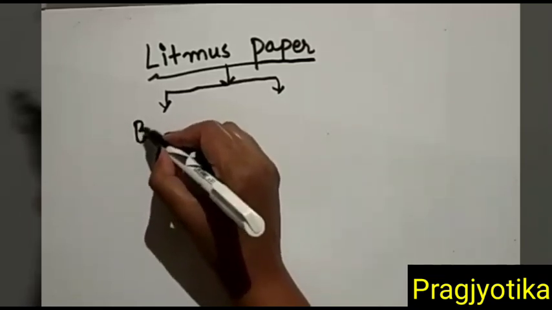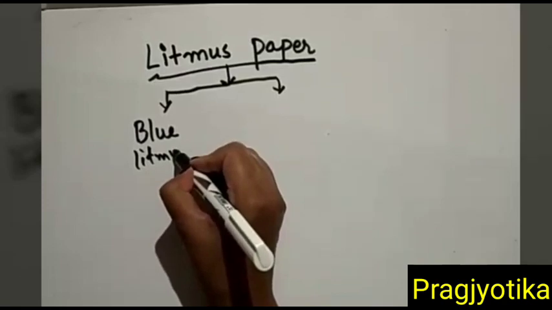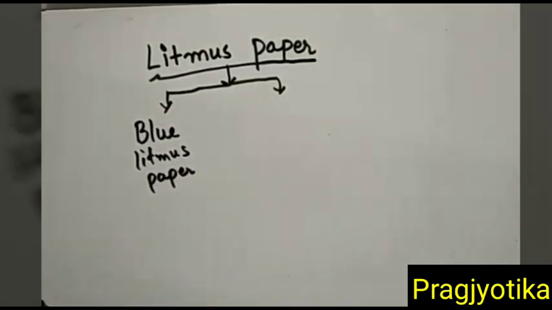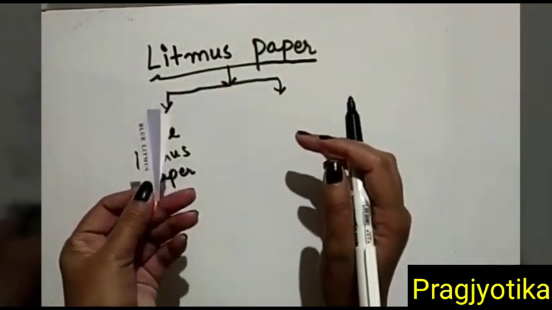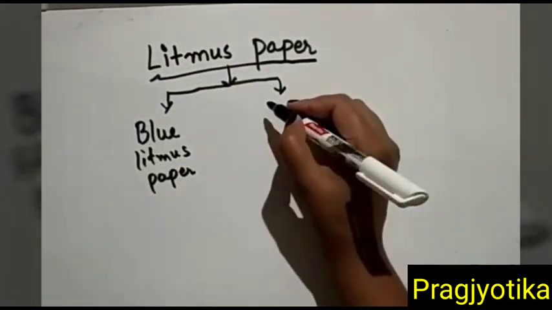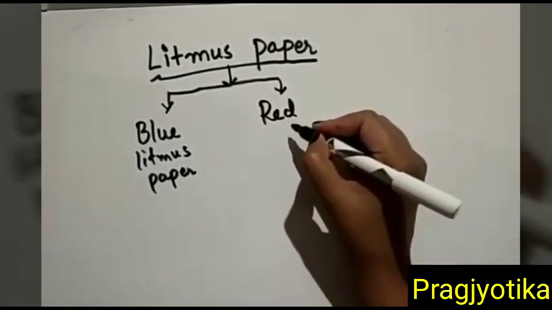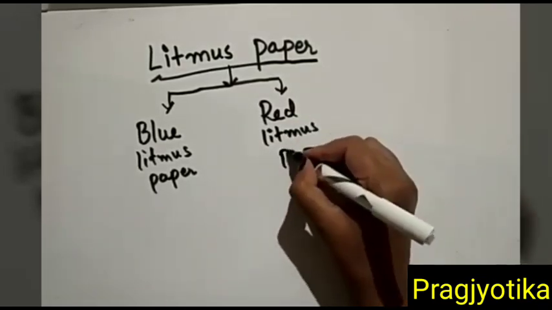One is called blue litmus paper, because its color is blue, and another one is red litmus paper.